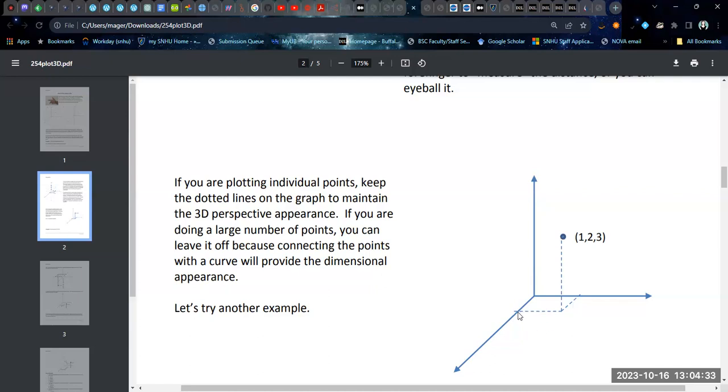So it's often a good idea to use your tick marks and to draw this vertical line up from the plane in order to show that 3D perspective to, again, help the viewers understand where this point is coming from. Because the graph is static, that 3 dimension is really lost very easily.